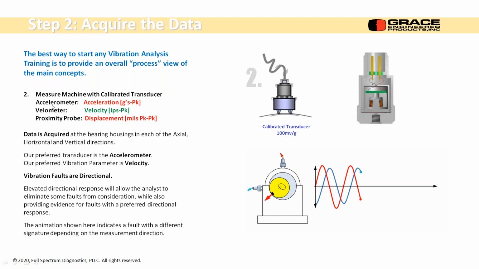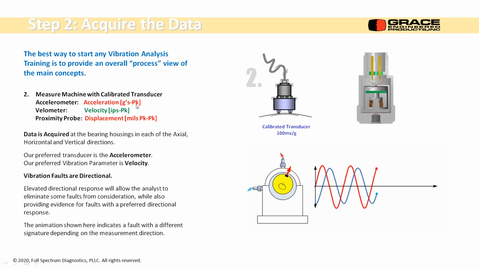Typically, it's an accelerometer. It gives us acceleration. Accelerometers are the best transducer to use, but acceleration is not the best unit to use because it has a problem we'll talk about on Thursday with some of the basics of vibration. It changes amplitude with speed or with frequency.